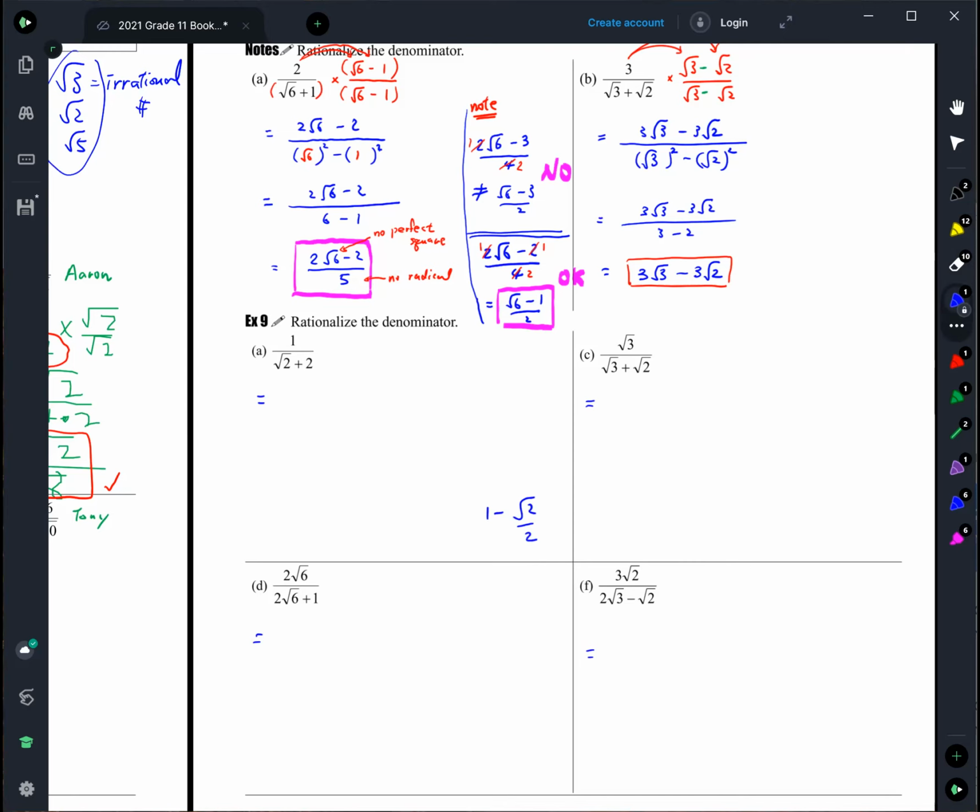And Bernice, what's your answer for C? I got -2 root 3 plus 3. No denominator? No. Okay.